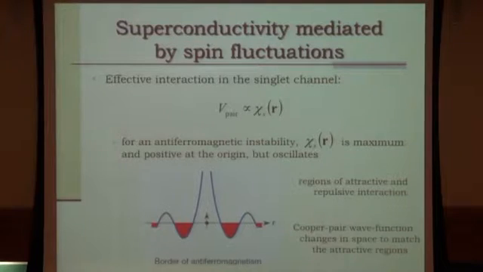This can be derived from a diagrammatic perspective, but I think it's too technical. I will not go there. If you want to know more details, I have detailed notes that I prepared and I can share with you. But you can derive that. The key point is that there's no minus sign here. Remember, if I had charge, if I had phonons, I had a minus here. In this case, I don't. And the reason is because you're not coupling charge, but you're coupling spins.